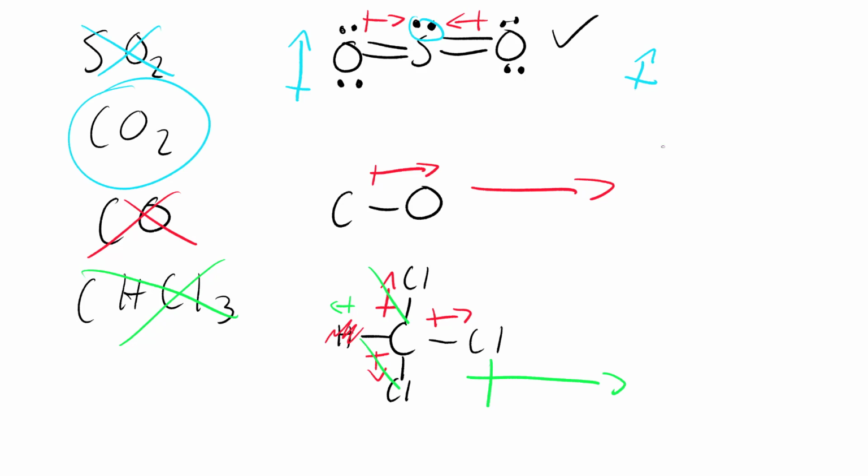This leaves us with carbon dioxide. All right, so let's draw out carbon dioxide over here. So here is carbon, here is oxygen. Oxygen loves to have 2 bonds, carbon loves to have 4 bonds, right? And notice that our dipole moment goes over here and over there.